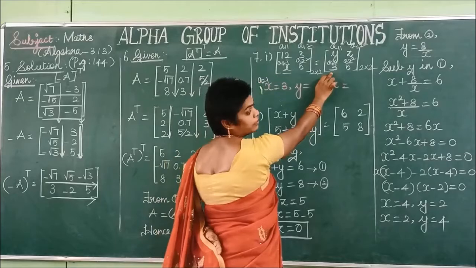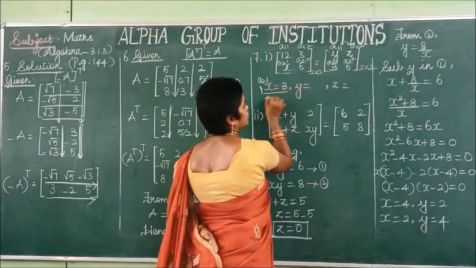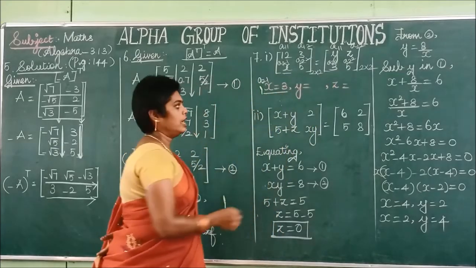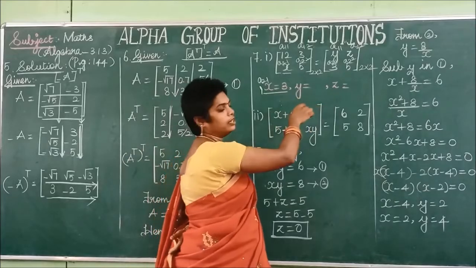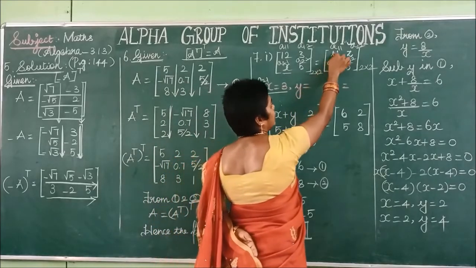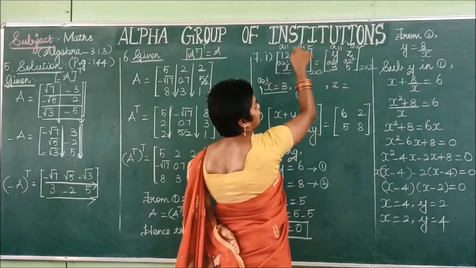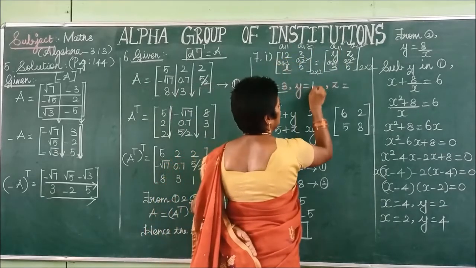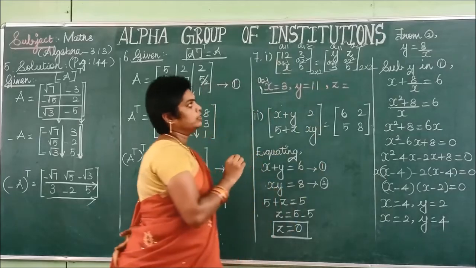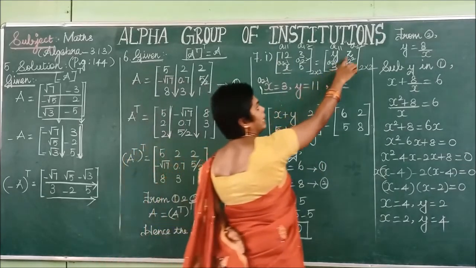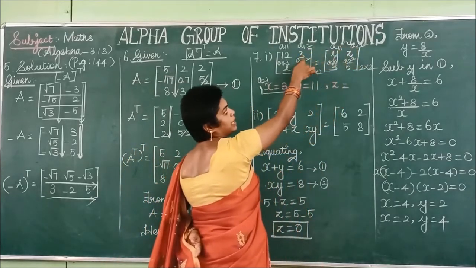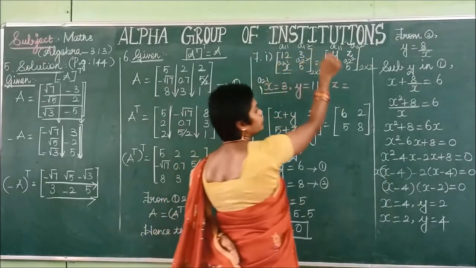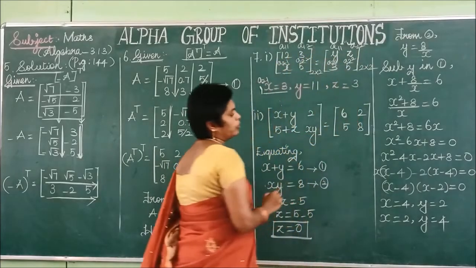What is the A21 value here? 3. So x is equal to 3. Likewise you have to find the y and z values. Our y is A11. Compare with here. Our A11 is 11. Then z is A12. Compare with this matrix. Our A12 is 3.